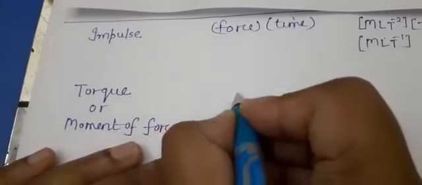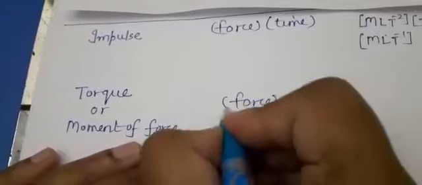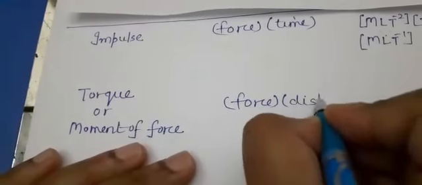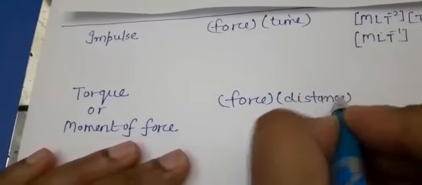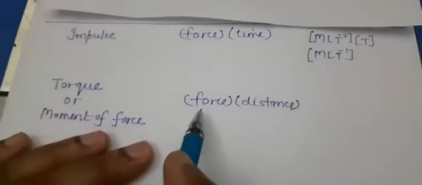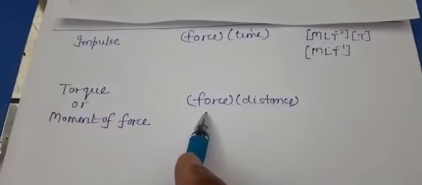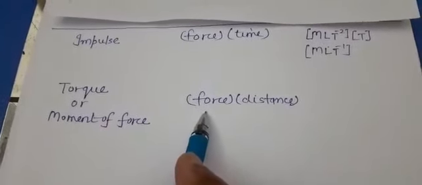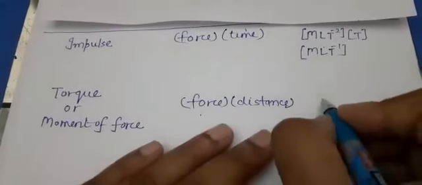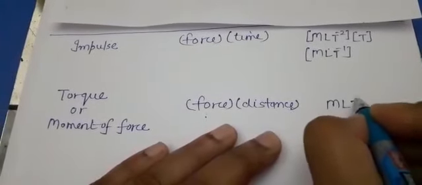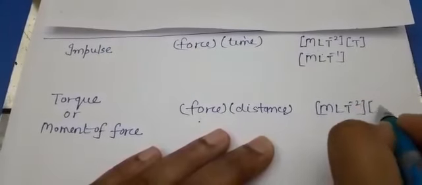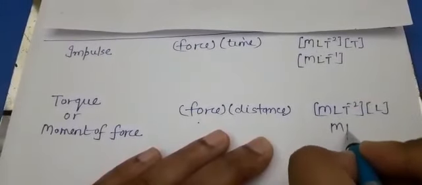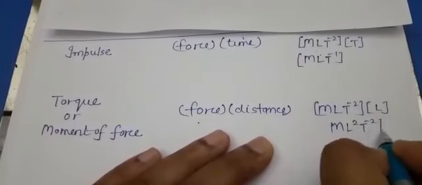What is its formula? Its formula is force into distance. So you can say this is also the formula of work done, isn't it? Now just put the values: MLT^-2 into L, then it will be ML^2T^-2.